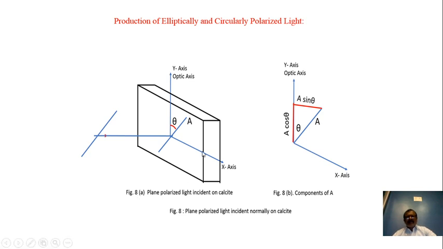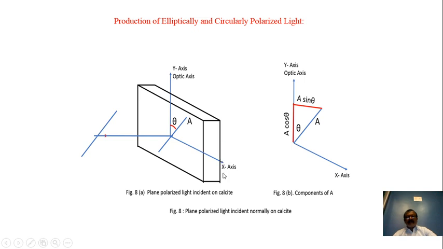We all know when the ordinary ray comes to the other end of this crystal, it performs simple harmonic motion along the x-axis, and the extraordinary ray performs simple harmonic motion along the y direction. So how can we represent ordinary and extraordinary vibrations at this end?